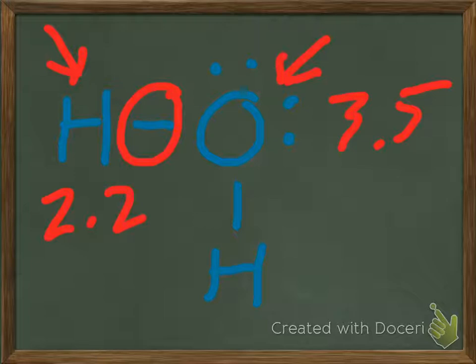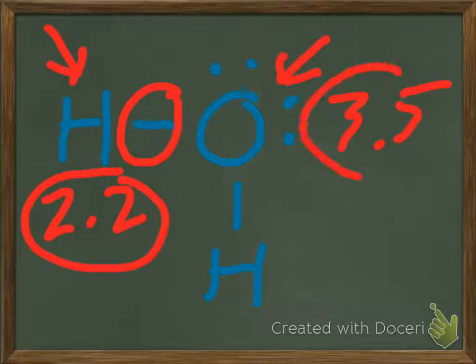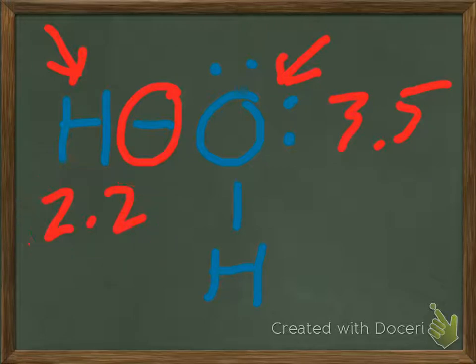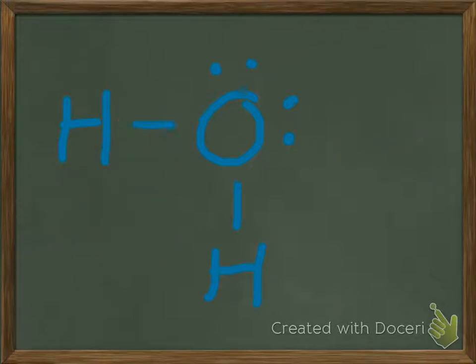In answering whether this is a polar bond or not, we want to compare the electronegativities, and if they are different, then those electrons are going to shift in one direction or the other. If we take all this away and illustrate what's going on here, since oxygen is the strongest one, the electrons in this bond are going to shift towards oxygen and away from hydrogen.